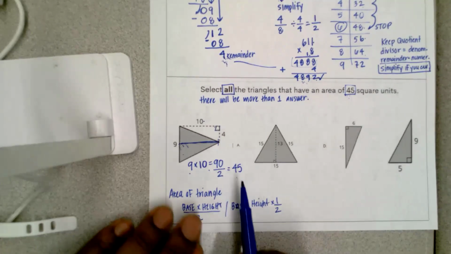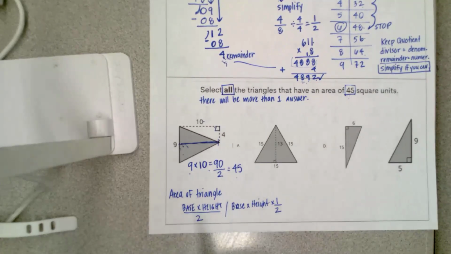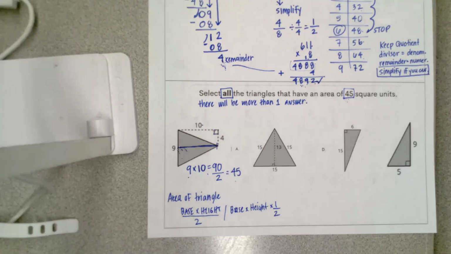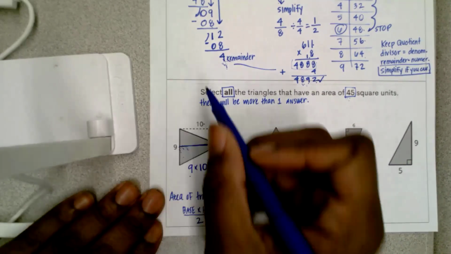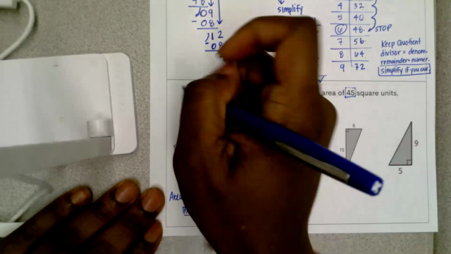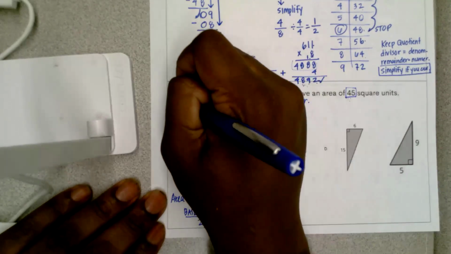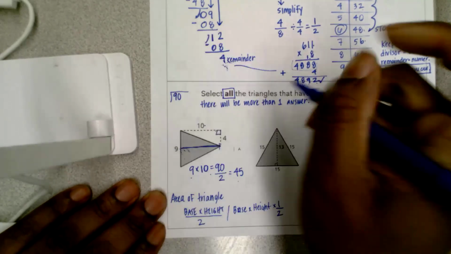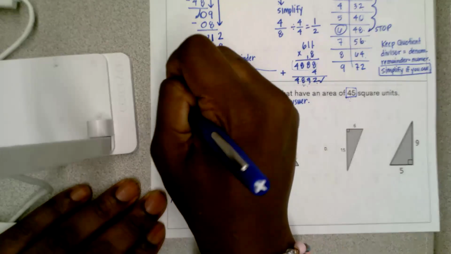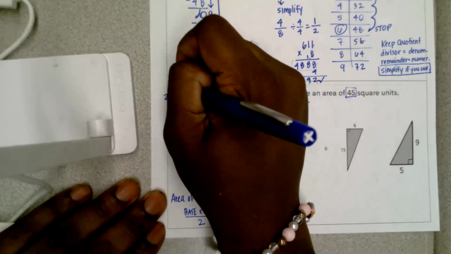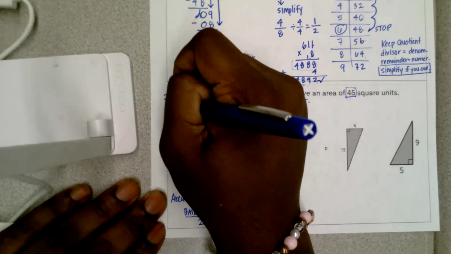Right? So you can also just divide here. 90 is our dividend divided by 2. 2 goes into 9 4 times. 4 times 2 is 8.